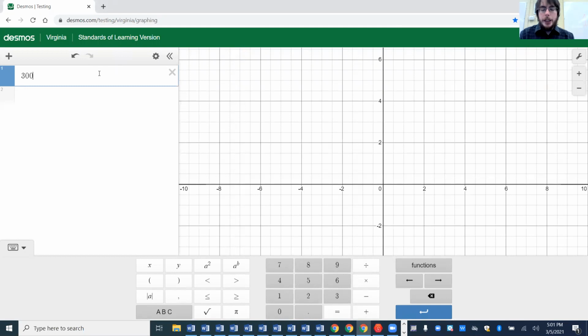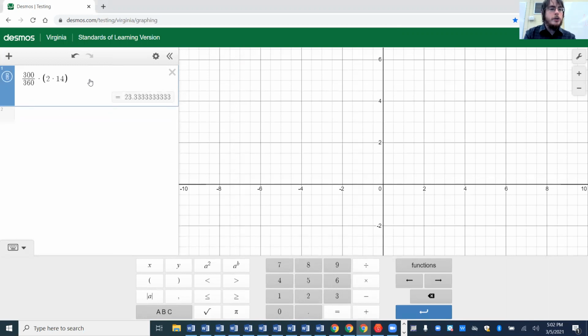So we type in 300 over 360 times, and then we put our 2. Now, since we're doing an exact one first, we don't type our pi in. Our pi is just going to be on the end of our answer or the end of our fraction or number here. So 2 times, and in this case, 14.